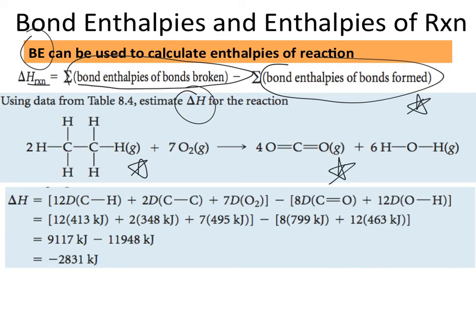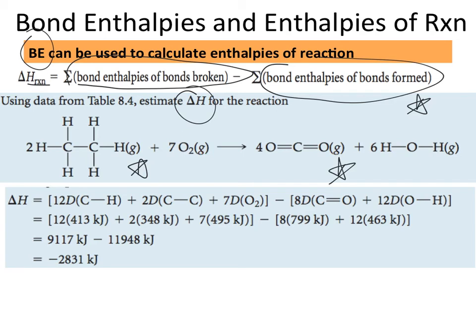Then for the carbon-carbon bonds, there is 1 in each molecule. I have 2 molecules, so I'm going to use the bond enthalpy for a carbon-carbon single bond, multiplied by 2 because I have 2 molecules of ethane that are going to experience this bond breakage.